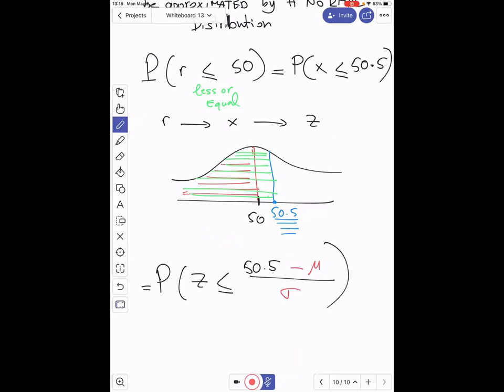Now, there is a problem here because there is no mu and sigma in this problem. But the thing is, we know how to compute mu and sigma for a binomial distribution. And that was discussed in section 6.3.